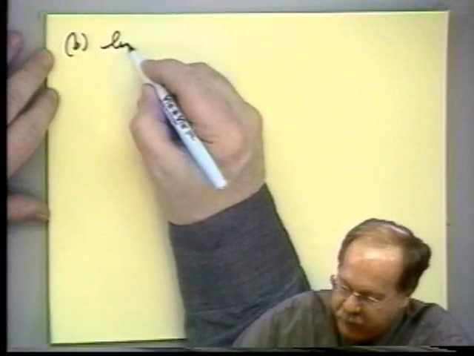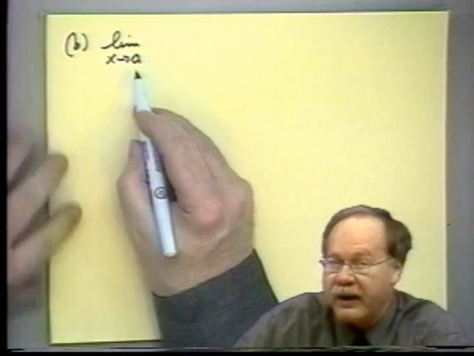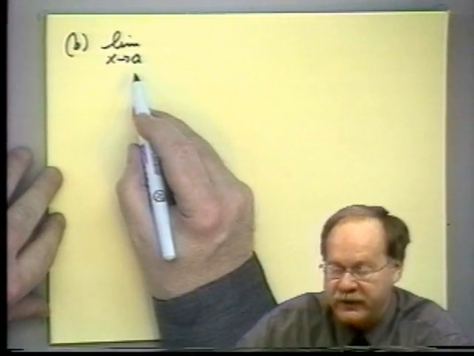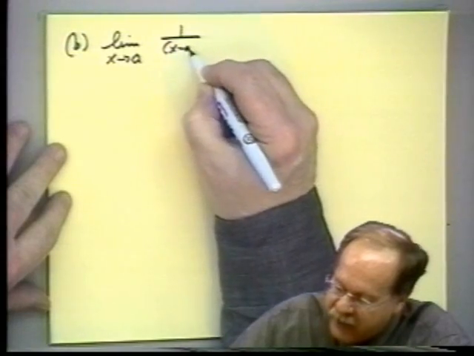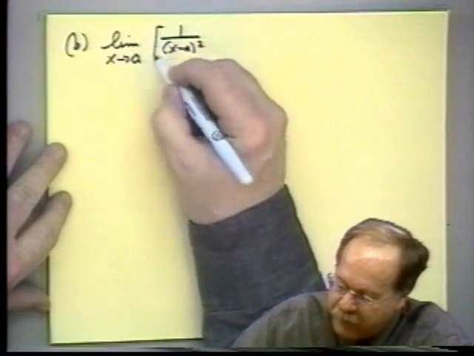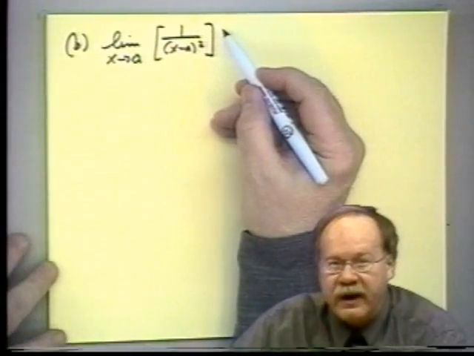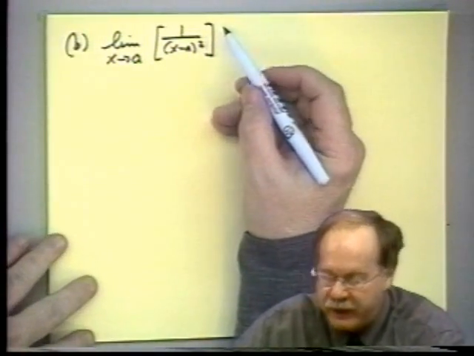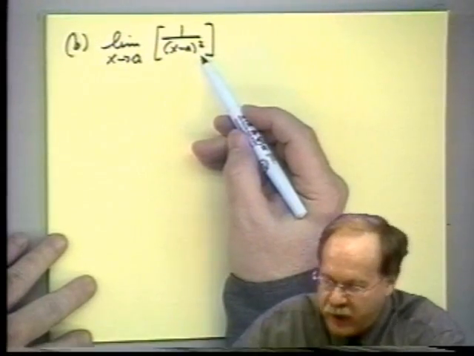The second example is this one. Suppose we take the limit as x approaches a, and notice now I have not put right or left. It's a two-sided limit. And we take the function 1 over x minus a quantity squared. So in this function, the p again is the 1 on the top, so it's a constant unaffected by the limit. The bottom now, q, is this function x minus a quantity squared.